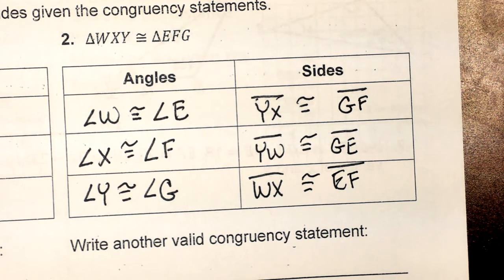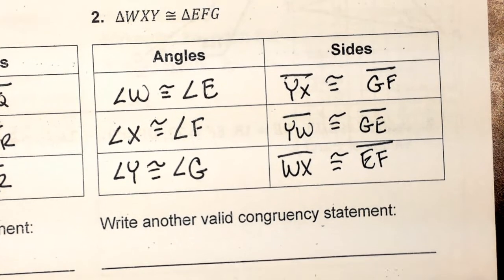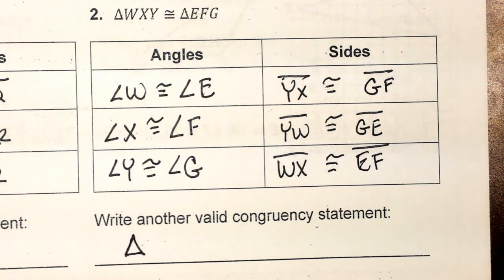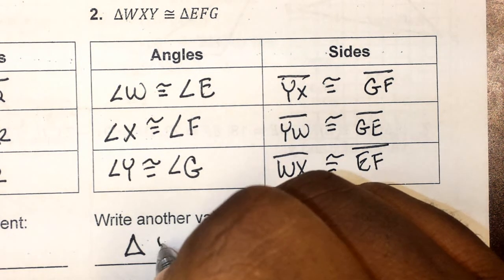Lucas, write another valid congruency statement for me. Triangle. Say what now? No. We're talking about a triangle now. Okay, that's what you want to call it, YXW.